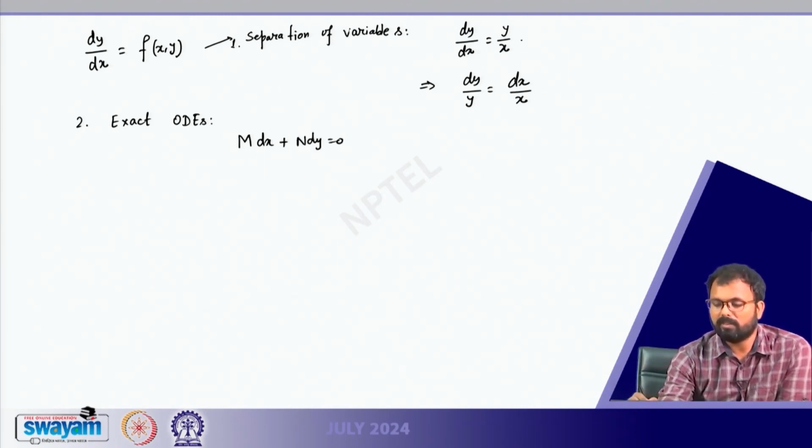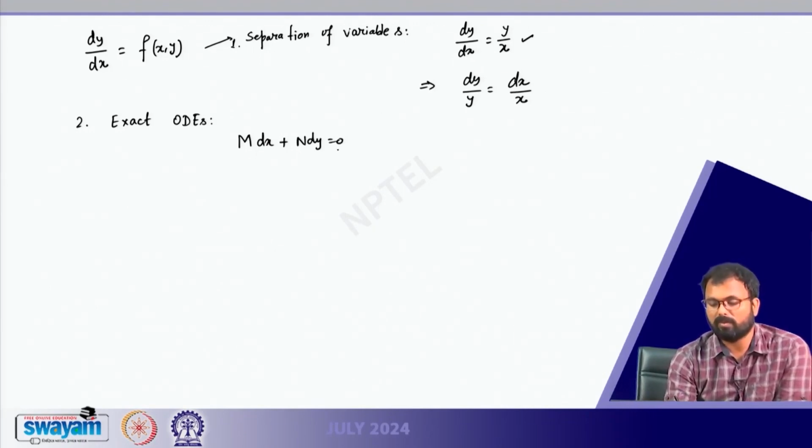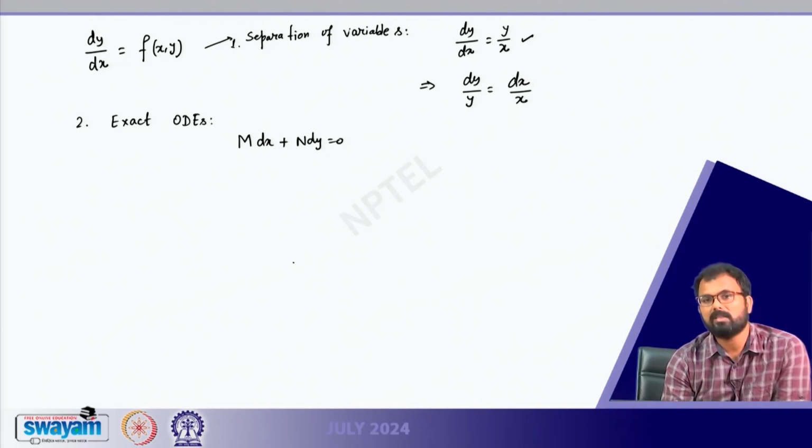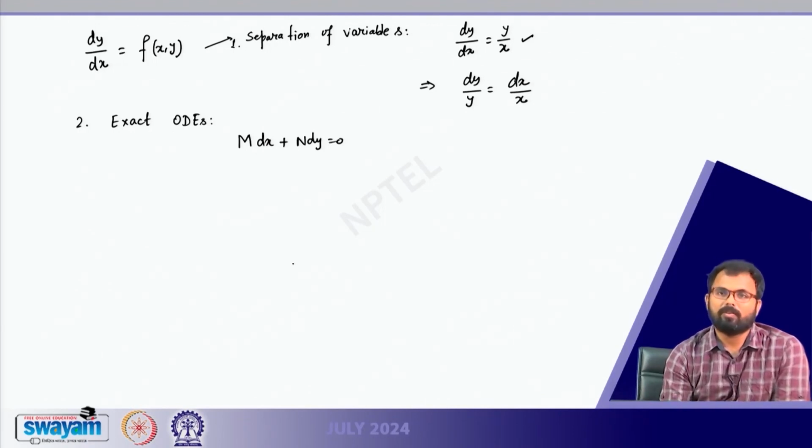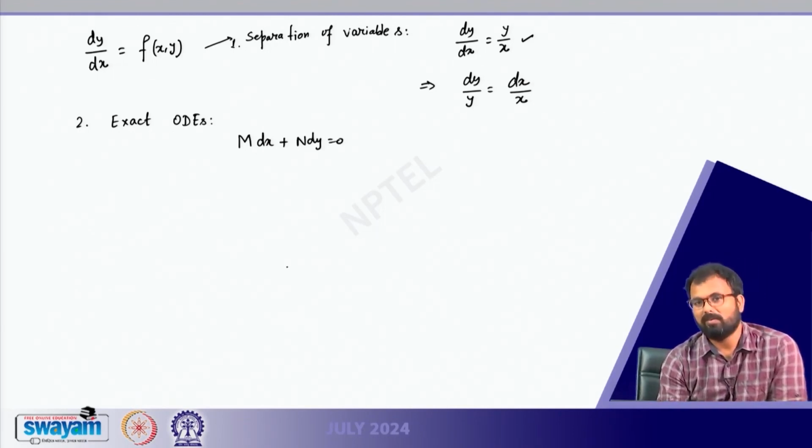You can put this ODE into this form just by cross multiplication. Obviously, your M will then be y, and N will be minus x or something, right.